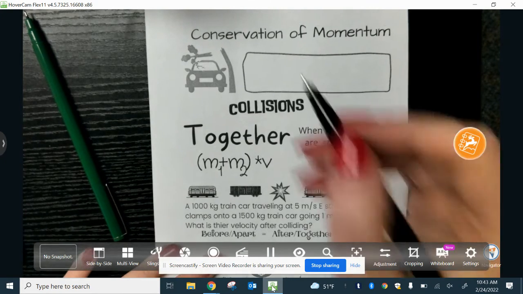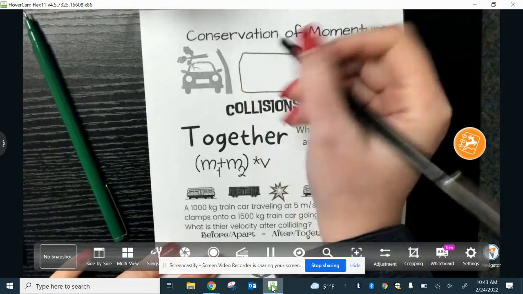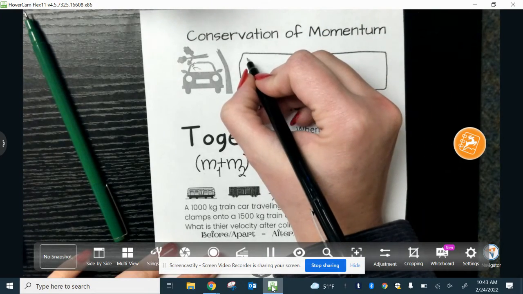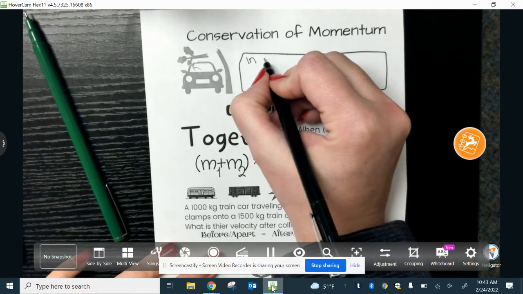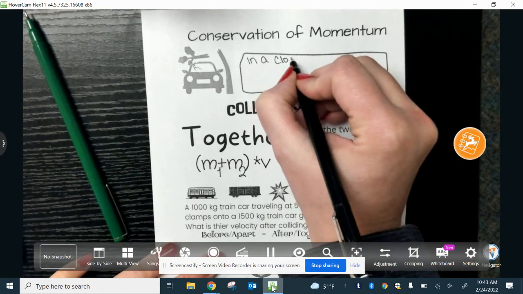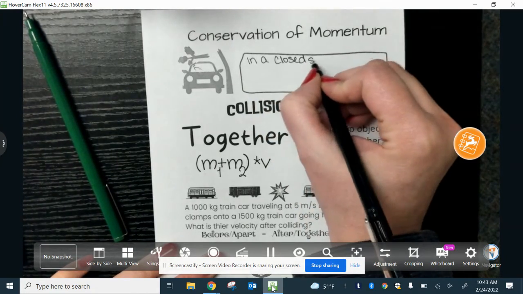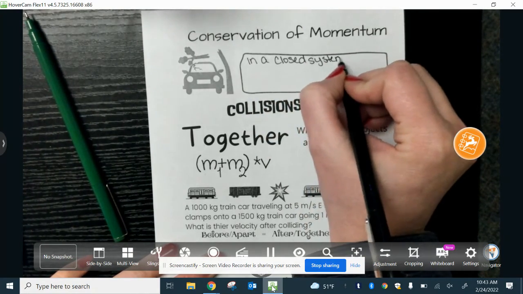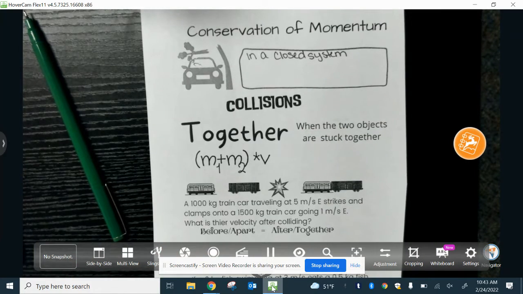All right, conservation of momentum. In a closed system, which means we're leaving out anything on the outside. We're not even going to deal with friction on this level of physics. So just what you're looking at, only those things.